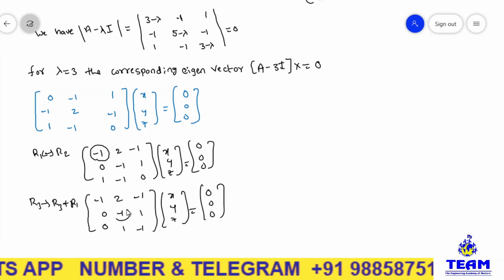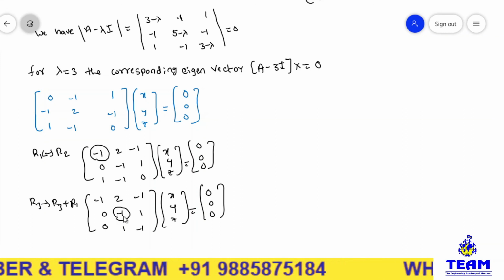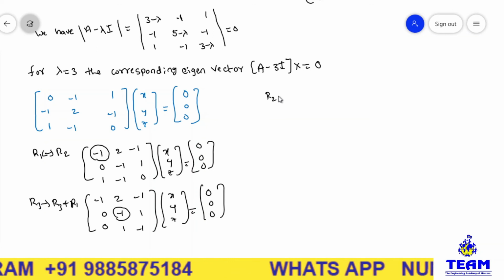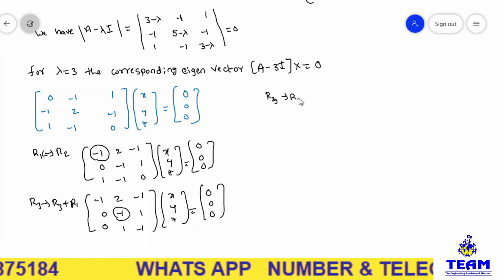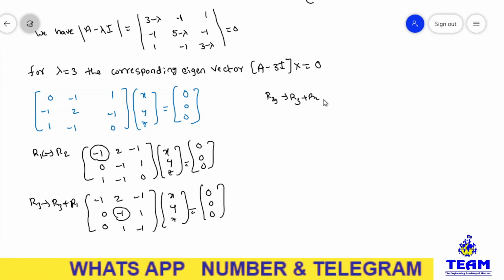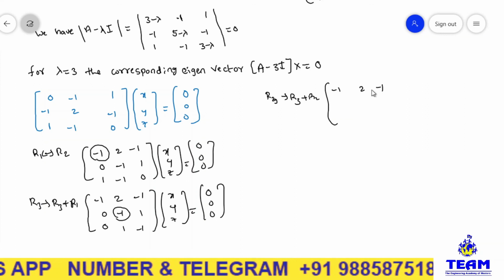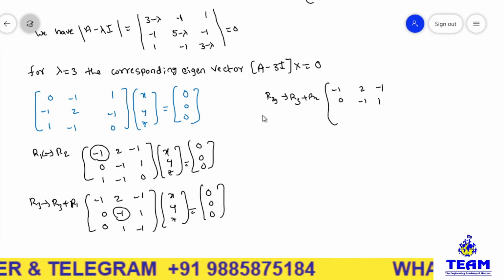Now see the second diagonal element I have, minus 1. So by using the second diagonal element, make the elements below the diagonal 0. For that you apply the row operation R3 tends to R3 plus R2. Then we will have the first row as it is, and the second row is also as it is, because we are applying the operation on the third row only.